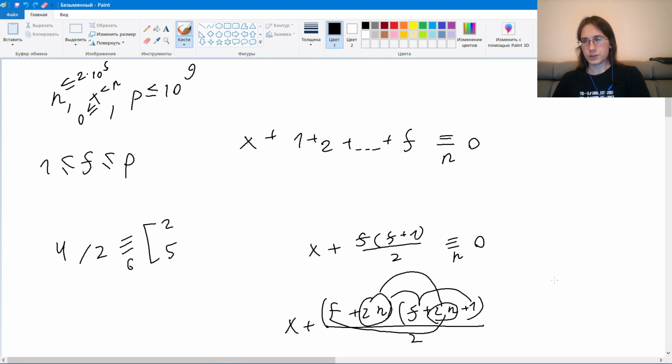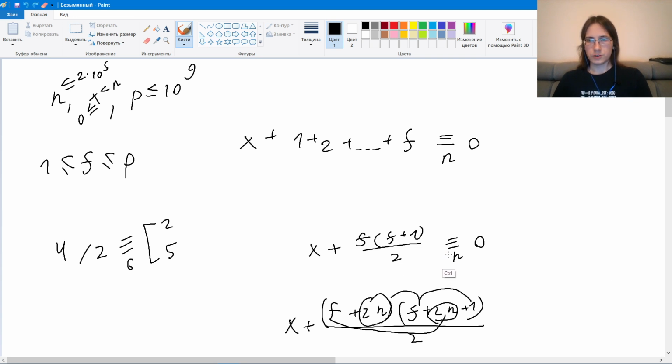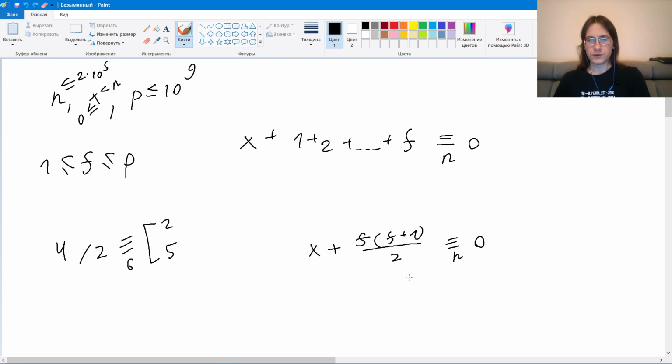So the sum has changed by 2n times some integer over 2, which is equal to n times some integer. Which means that this whole sum has changed by n times some integer, which means that its remainder did not change. So we have shown that it's always enough for us to know the remainder of f modulo 2n to check if it's true. So if it's true for some f, it's also true for f plus 2n. And if it's true for this, then it's true for that. Which means that we can only seek for f from 1 to 2n.